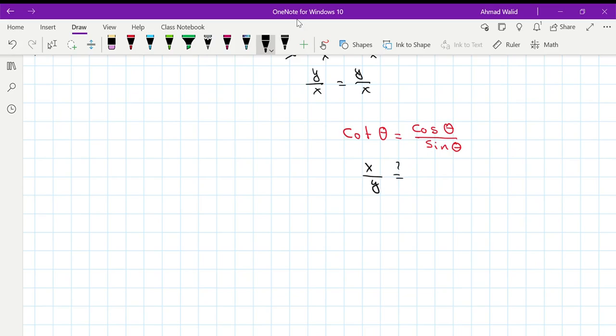Is this equal to cosine theta, which was x over r, over sine theta, y over r. Again, simplify the right side. X over y. Is this equal to x over r times r over y? These two cancel out, and clearly you can see x over y equals x over y.